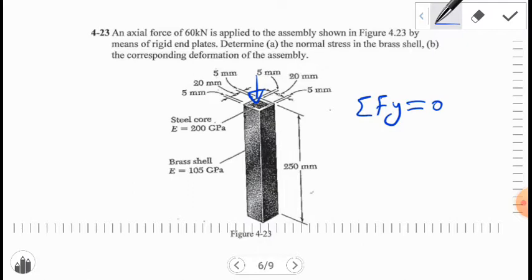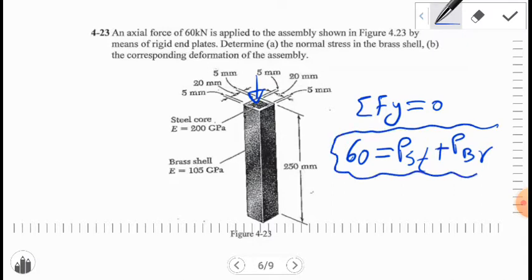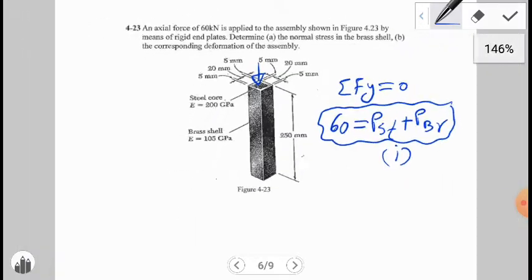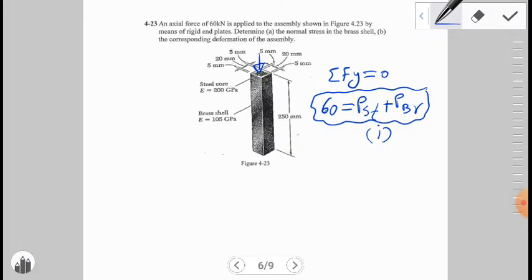That's why we can say that 60 kilonewton, the applied force, is equal to P steel plus P brass. This is equation number 1, based on the equation of equilibrium.